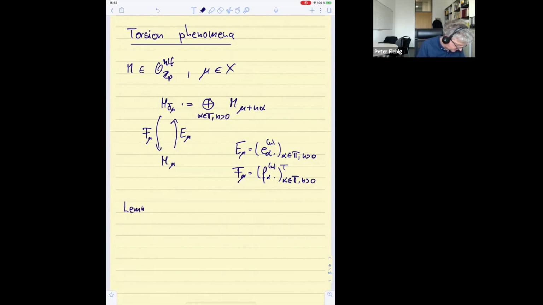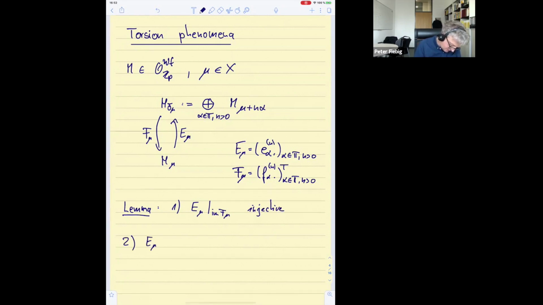So there's the following lemma. It's very easy to prove. The first part is that if we restrict E_μ to the image of F_μ, then this is injective. This is not so important for what follows. But the second property is more important.